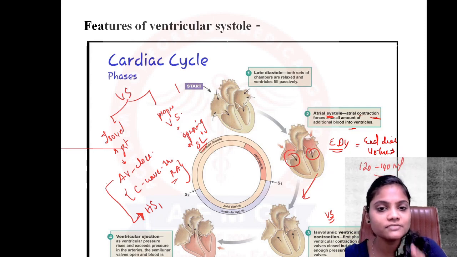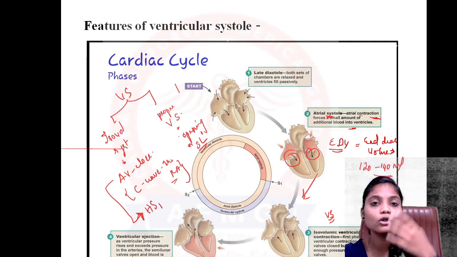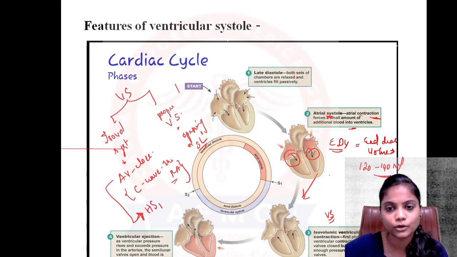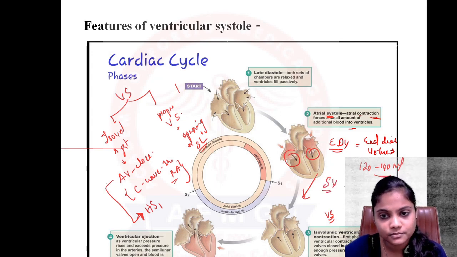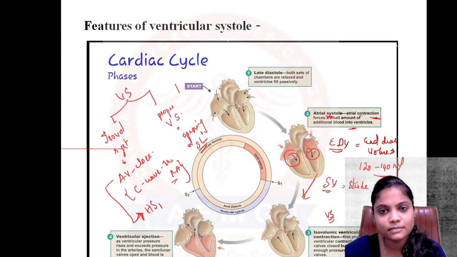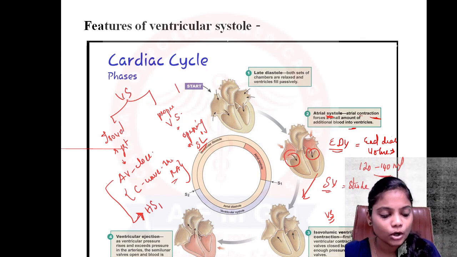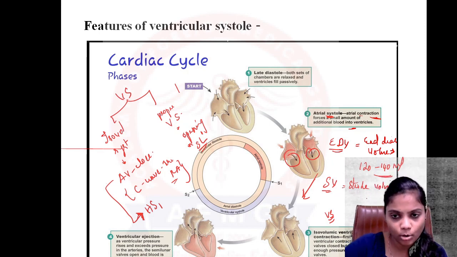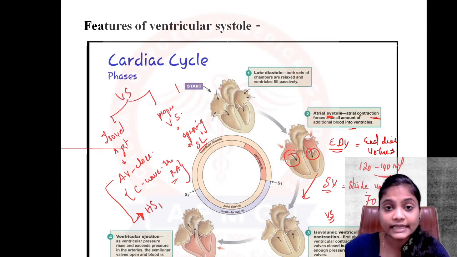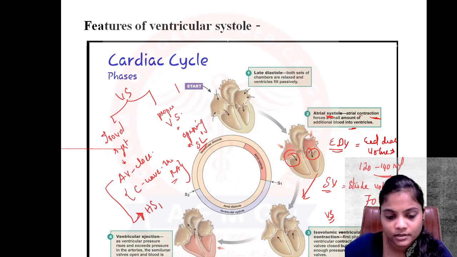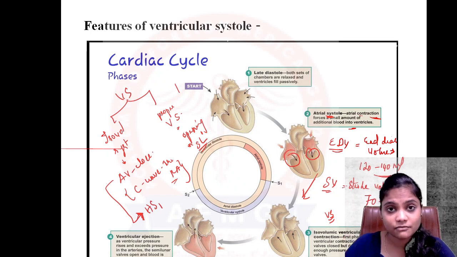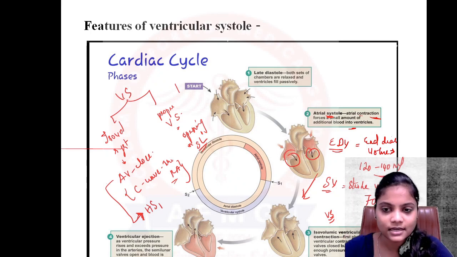So in ventricular systole, there will be opening of your semilunar valves, and further they give the value of your stroke volume. What does stroke volume mean? In stroke volume, you have to remember the blood ejection from the ventricle. That is most probably 70 to 90 ml. Okay, 70 to 90 ml. That is very important. Blood ejection from each ventricle is fixed at 70 to 90 ml.